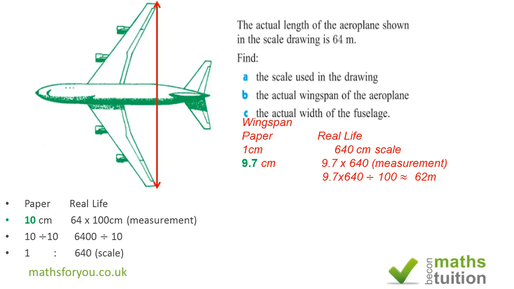Right, now we want to find the actual width of the fuselage. The width of the fuselage is from there to there. The length of the fuselage is from there to there. And again, two columns, paper and real life.